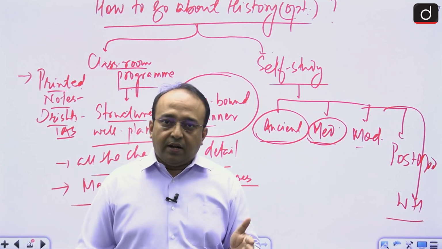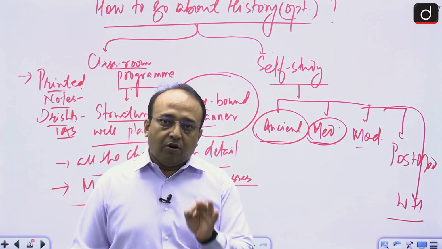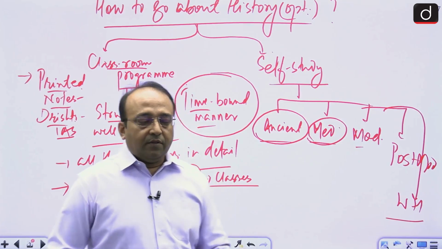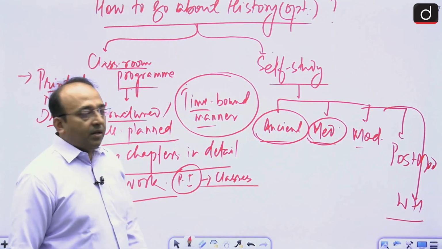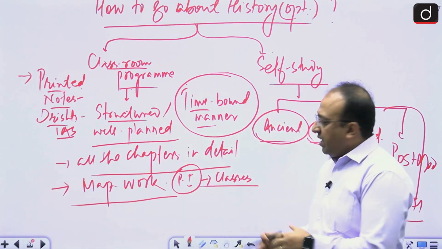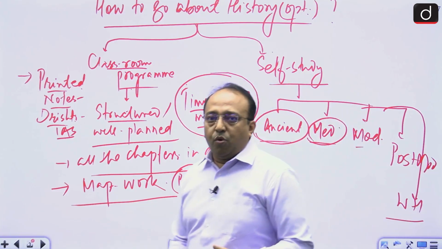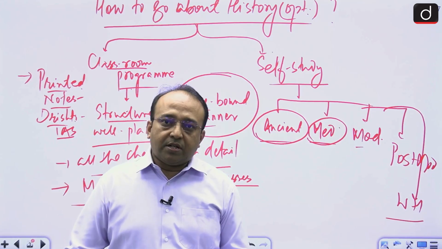We have to win the race with smart planning and better execution of your plan. That is possible only through this sort of structure. So, then how to go about the history syllabus, I have given some idea. I can give you some more ideas regarding the postmodern books and books on world history.